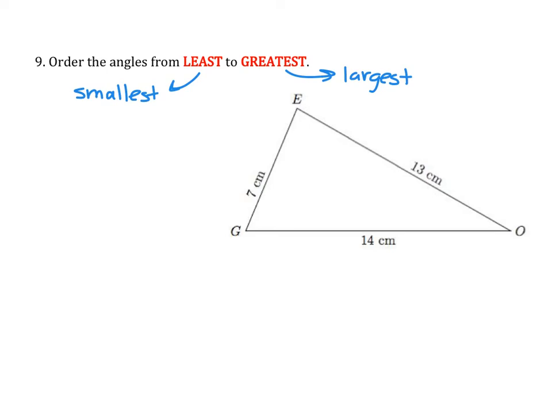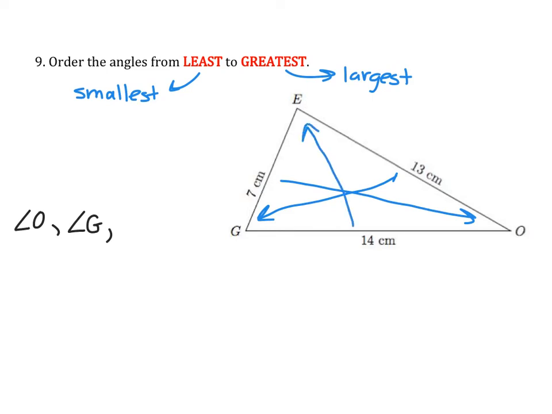So we're going to start with our smallest side, which is going to be 7, and I'm going to look opposite of that, and that's going to be our smallest angle, which is angle O. Then I'll find our next smallest side, which is 13, and we're going to look opposite of that, and that is going to be angle G. And then our largest side is going to be opposite of our largest angle, which will be angle E. And we're done.